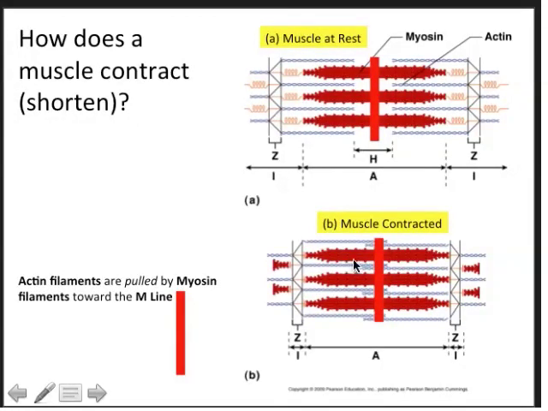And so we make a connection between the actin and the myosin. That allows the myosin to pull on the actin, and you can see that the Z discs get closer together as the myosin pulls on the actin and shortens the entire sarcomere. Okay, so this again all requires ATP to work.